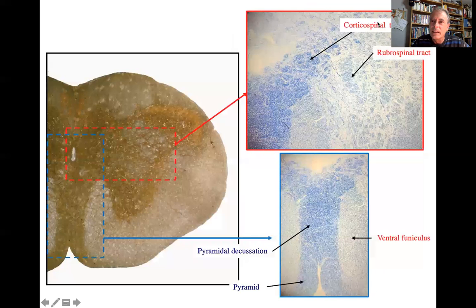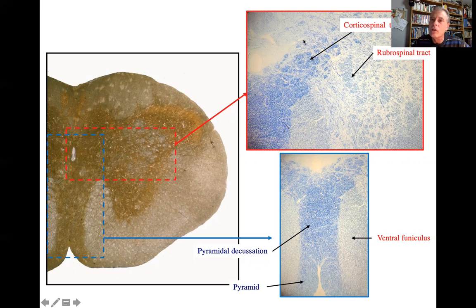So again, in this image, you see that this rectangular area is enlarged here, and you see these are the fibers that cross the midline at the decussation of the pyramids. The pyramids are located there. The fibers go up, they deviate laterally, and here they begin to form these fibers that are going to go down in the spinal cord.